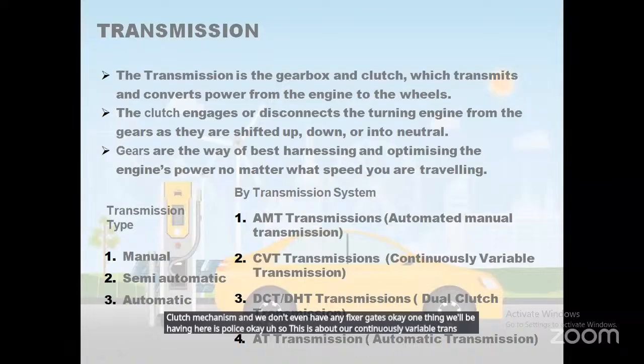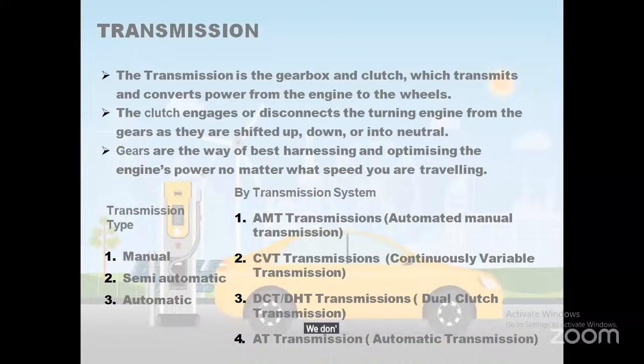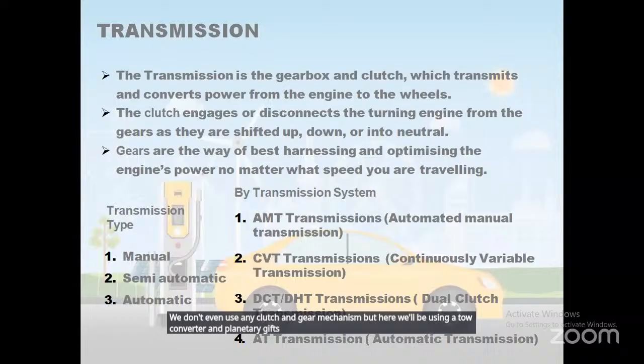Before going into the dual clutch transmission, we'll be having something called our automatic transmission. In the case of the automatic transmission, these are majorly used by electric vehicles. In electric vehicles, we don't use any clutch and gear mechanism, but here we'll be using a torque converter and planetary gears, where the inbuilt gears are for the motor.